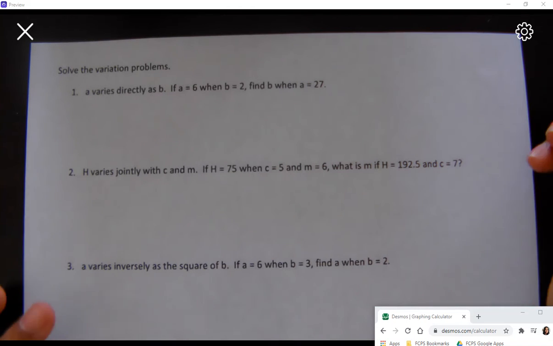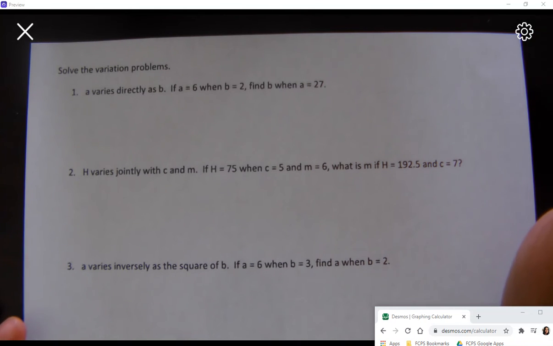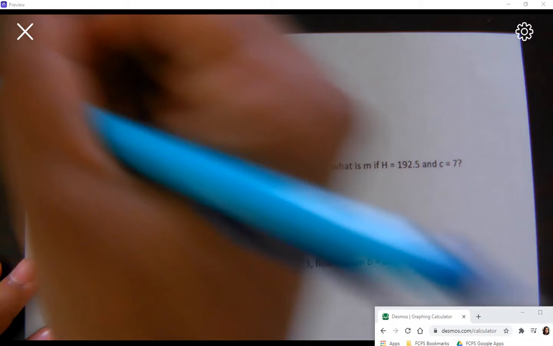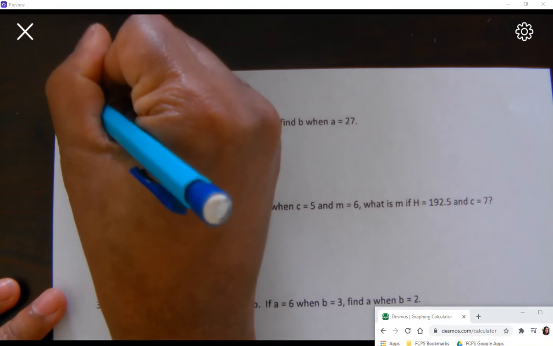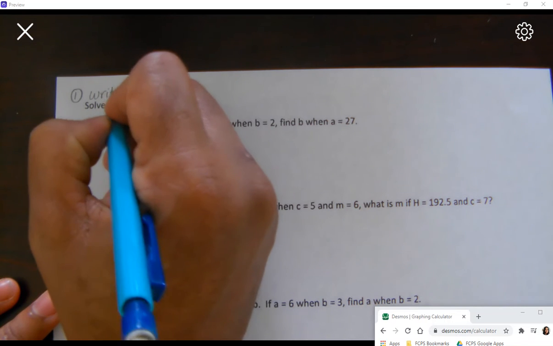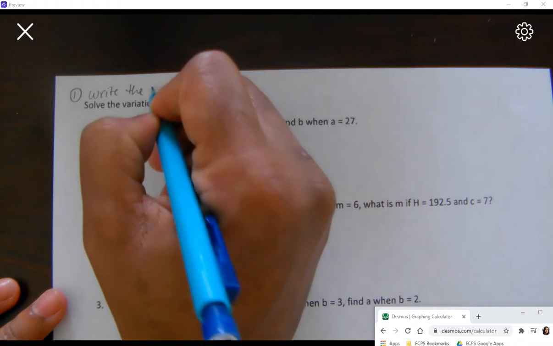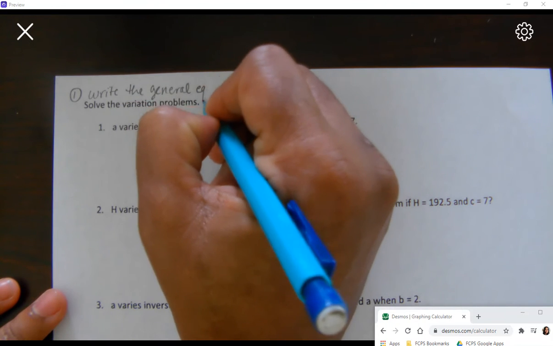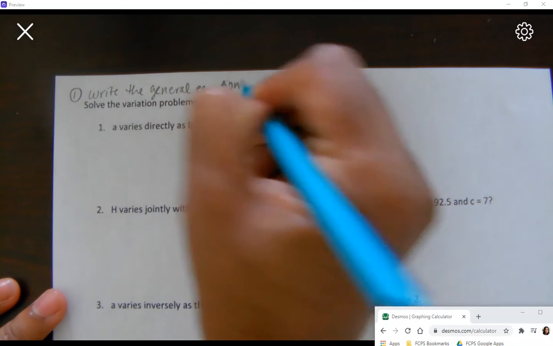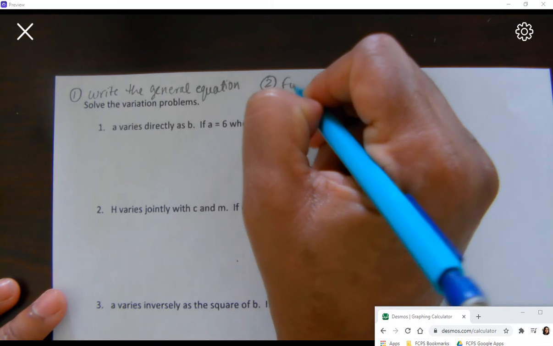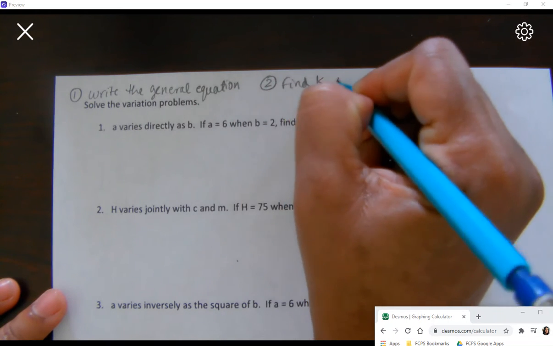Alright class, so here's page 3 and we're going to add one more step to our variation problems. Just a quick recap. On page 1 we learned how to write the general equation, and on page 2 we learned how to find k, which is the constant.